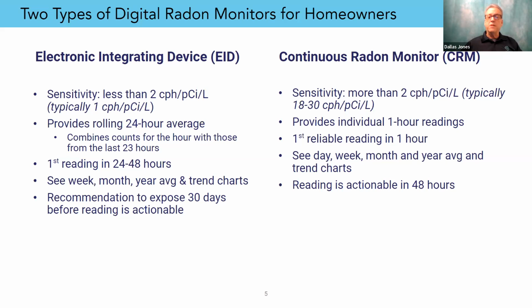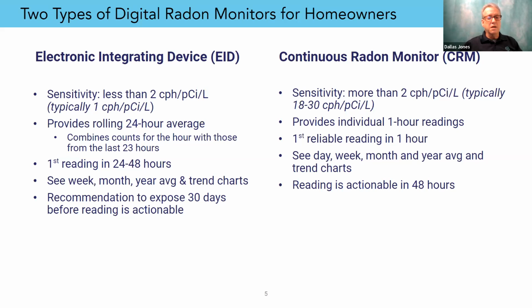Whereas a continuous monitor is going to record individual 1-hour readings as well as the average for, say, the day, the week, the month, and the year. To be clear here, the only manufacturer that provides a continuous radon monitor for what has been referred to in the past as consumer devices is Ecosense.